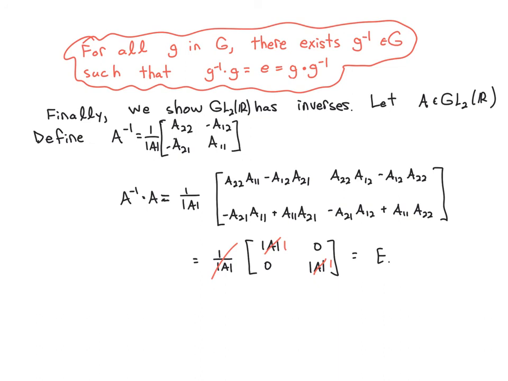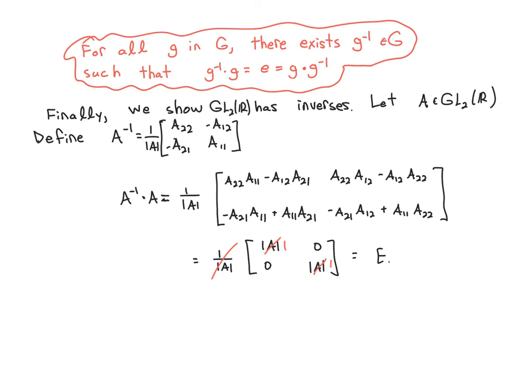Please note this actually requires a proof, because technically I'm calling this A inverse because I'm trying to prove this is true, and this is technically a faux pas. Some professors actually insist that you should use a different name for this matrix until after you've finished this proof, because otherwise it looks like you're assuming the conclusion, which is a very bad thing to do in mathematics.